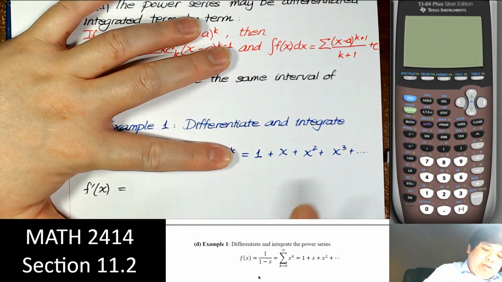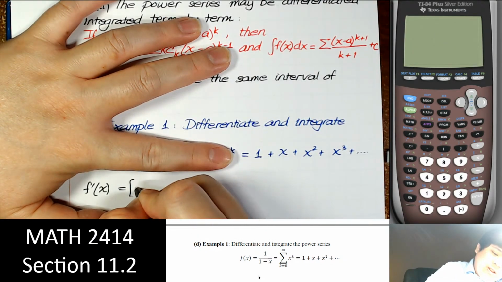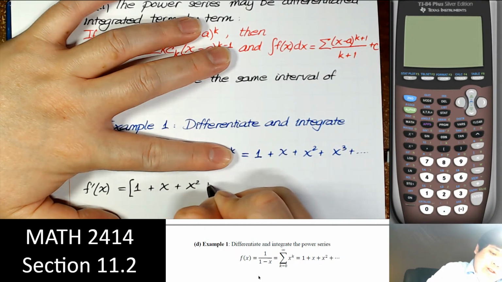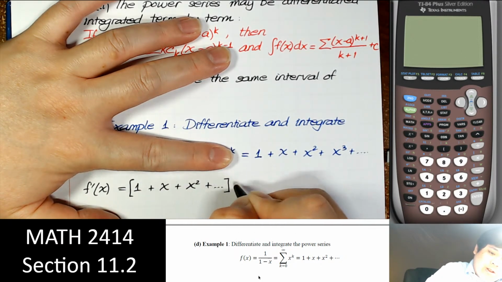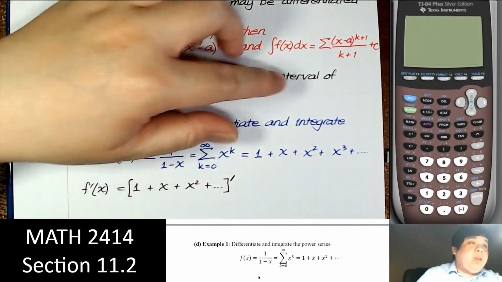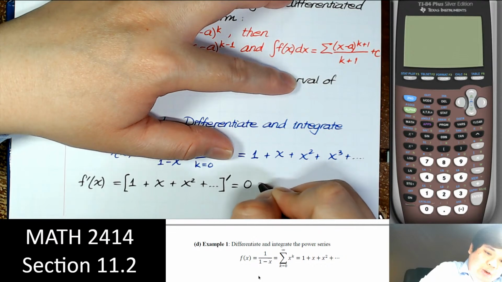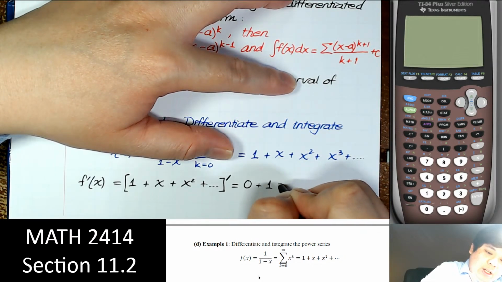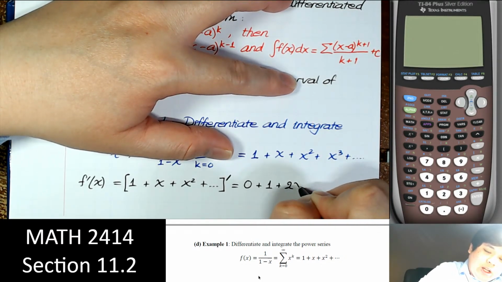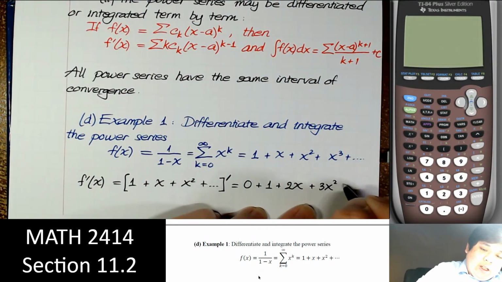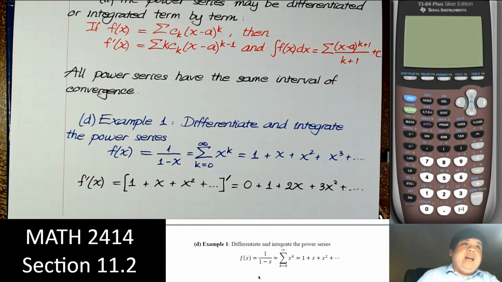What is the derivative of that? Derivative of 1 is 0, derivative of x is 1, derivative of x squared is 2x, x cubed is 3x squared, and so on.